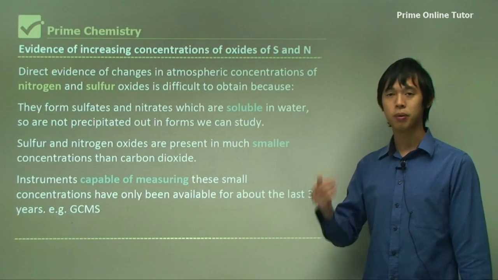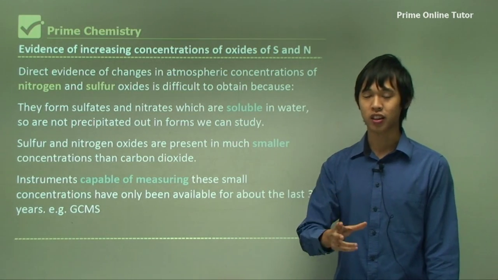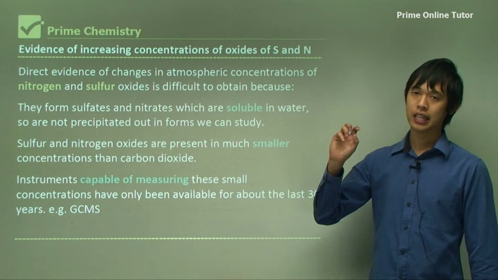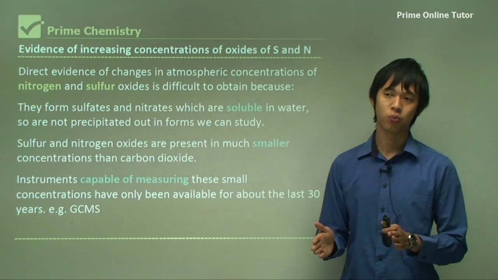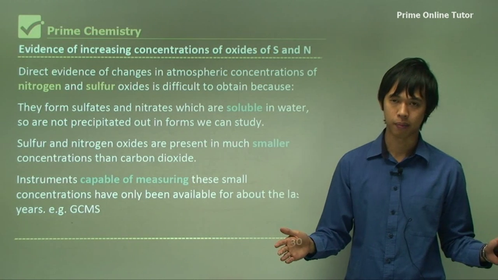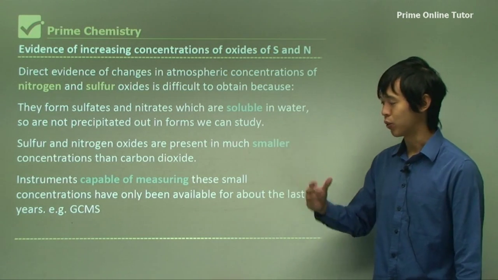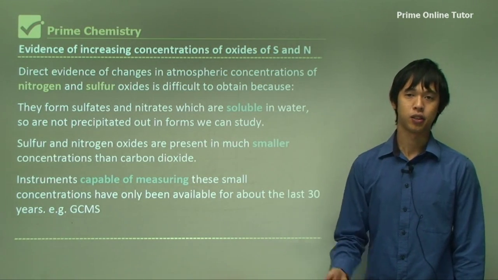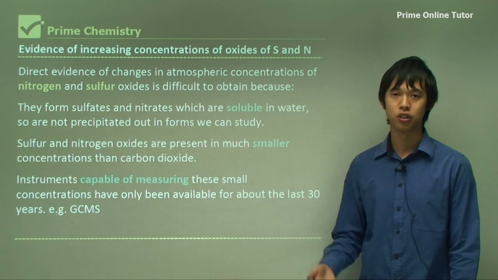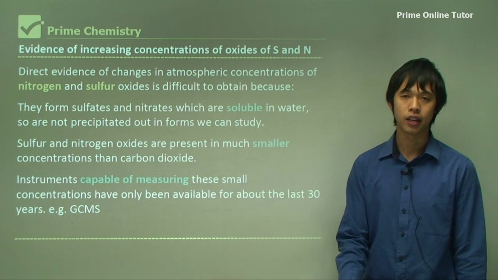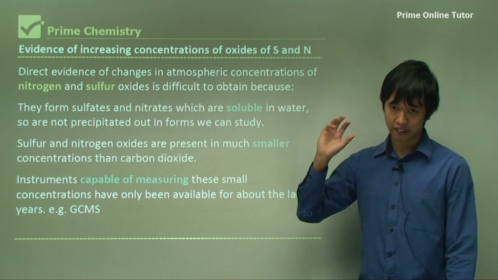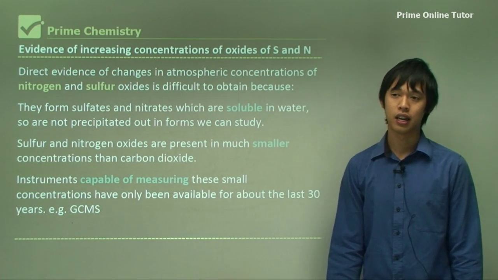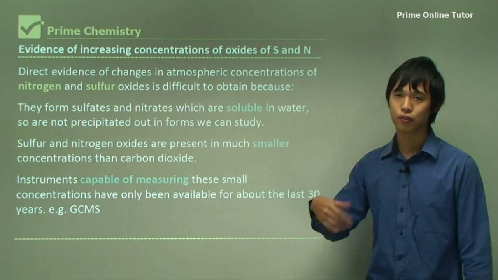But the problem with it is that the time frame is much smaller than the industrial time frame. So we are missing a lot of data, essentially, because we haven't had these very good tools for as long as we needed to. So getting direct evidence is much, much more difficult with these compounds for those reasons.